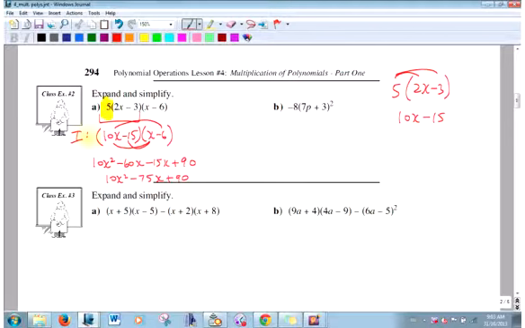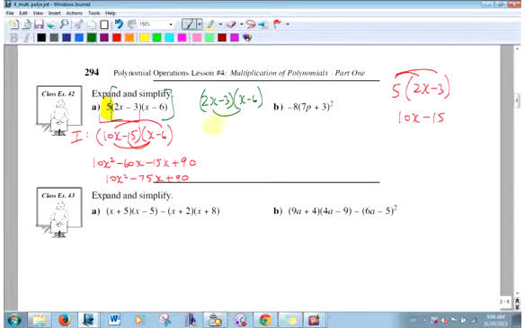Let's show you a different way. The different way is, let's just ignore that 5 for now. That says 5 times these two binomials. So how about I just do those two binomials first. Then when I'm done, I'm going to multiply everything by 5.